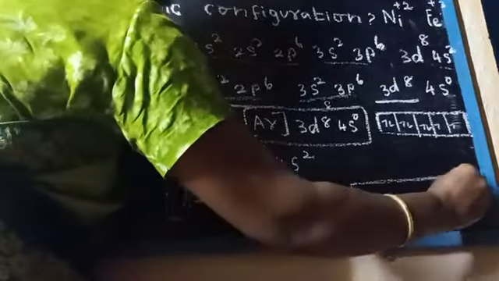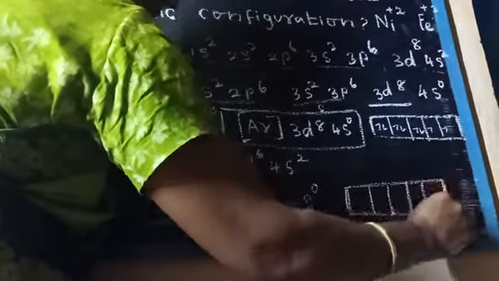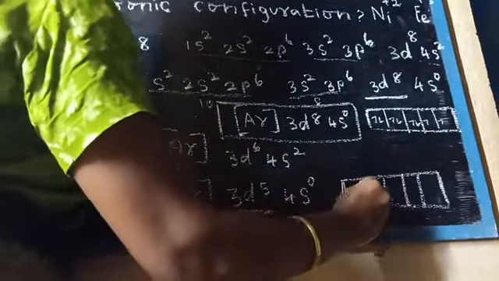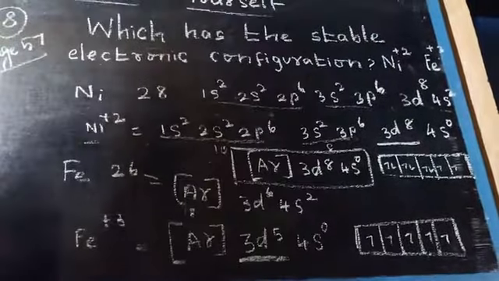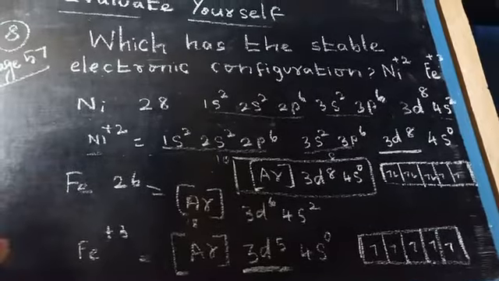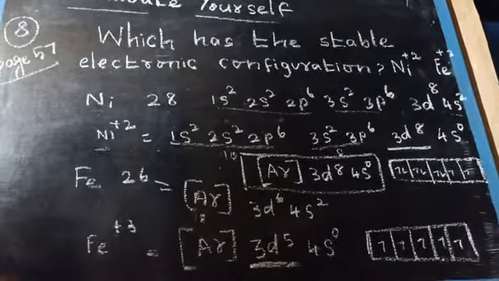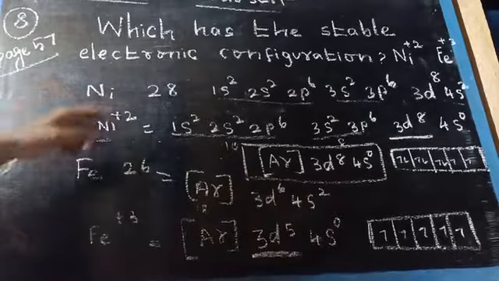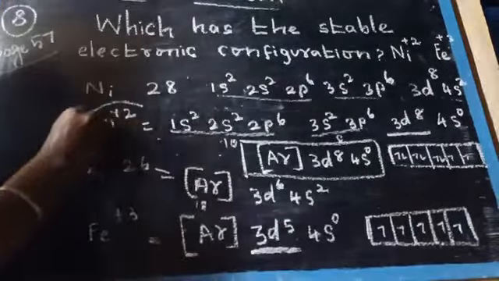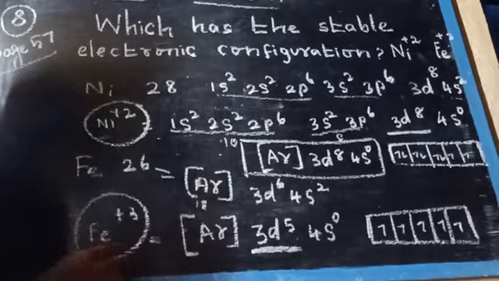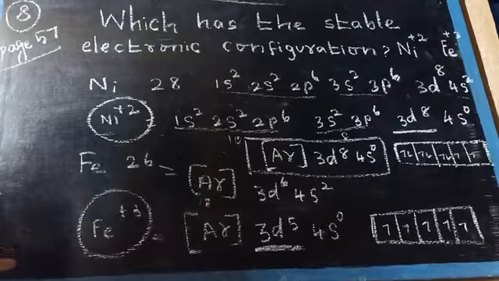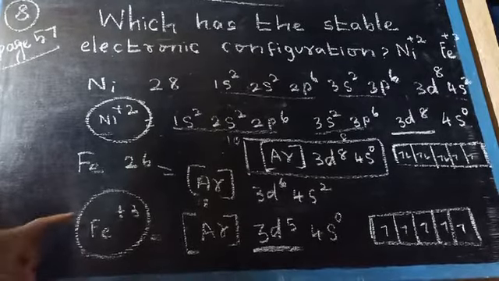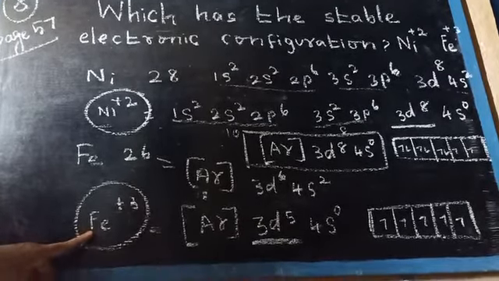The d orbital has 5 orientations. How many electrons? 5 electrons: 1, 2, 3, 4 and 5. Children, I hope you can say the answer very correctly. Which one is the correct one? Which ion, nickel plus 2 or Fe plus 3, is stable? Can you guess the answer, children? So what is the correct answer? Fe plus 3. Why?